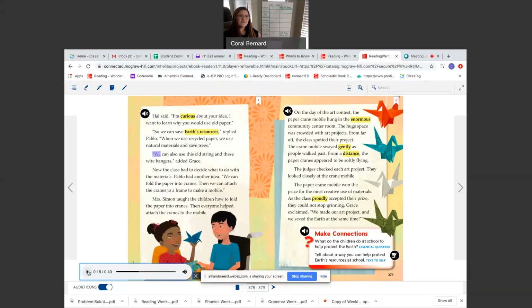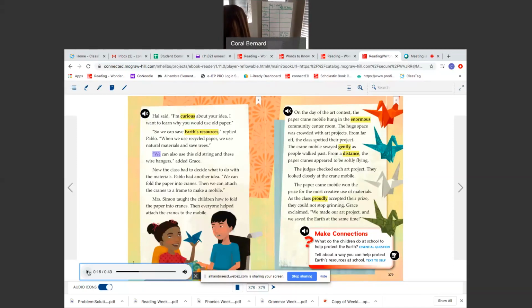So if we want to save Earth's resources, and if we use recycled paper, we're saving trees. Trees must be one of Earth's resources. So Earth's resources would be things that I can get naturally from the Earth.